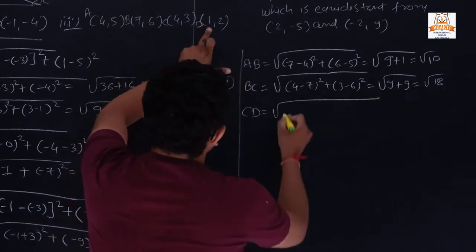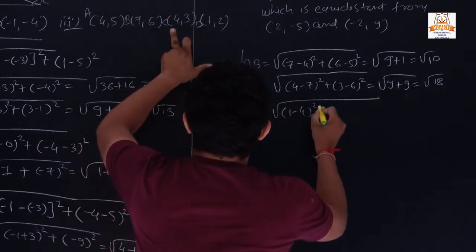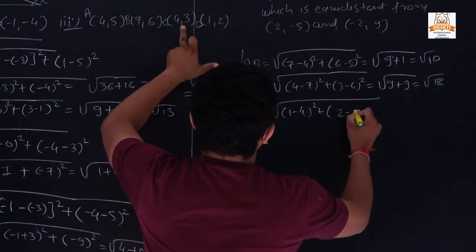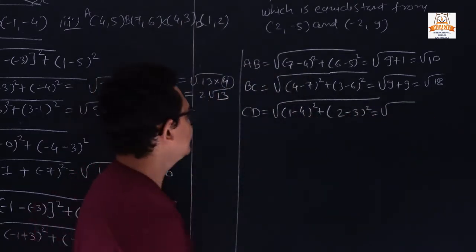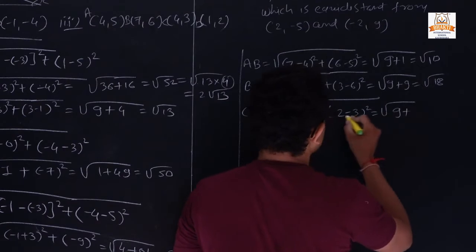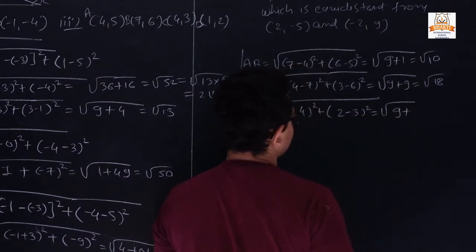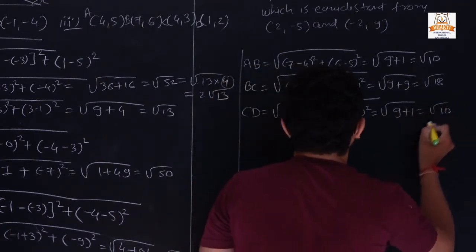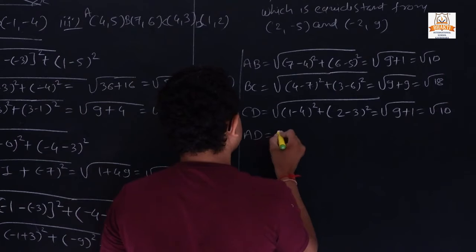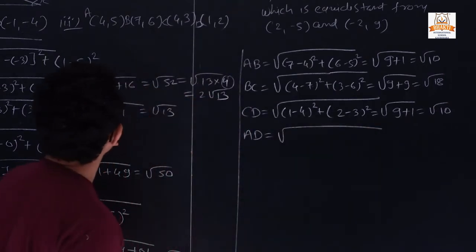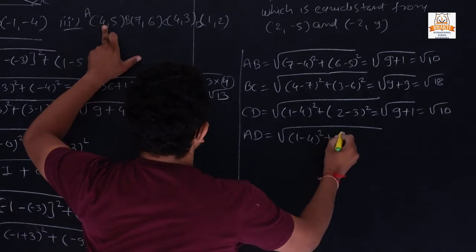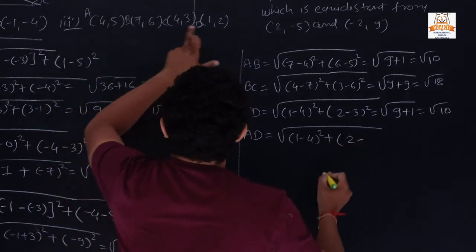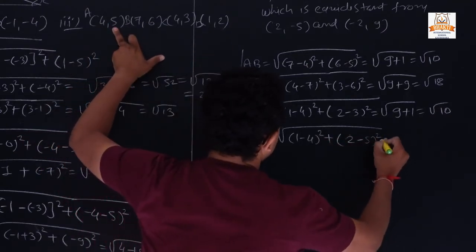So CD, 1 minus 4 all square, 2 minus 3 all square. So 1 minus 4, so it is minus 3 square is plus 9, 2 minus 3, so minus 1 square, so it is root 10. Now AD, last side of quadrilateral. So x2 minus x1 all square, y2 minus y1 all square.